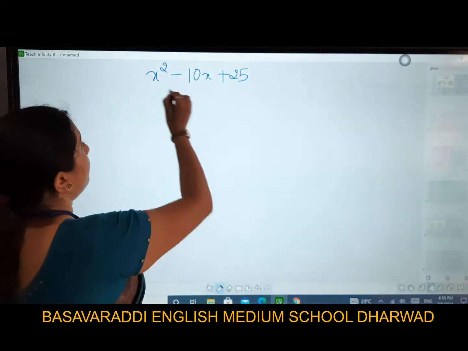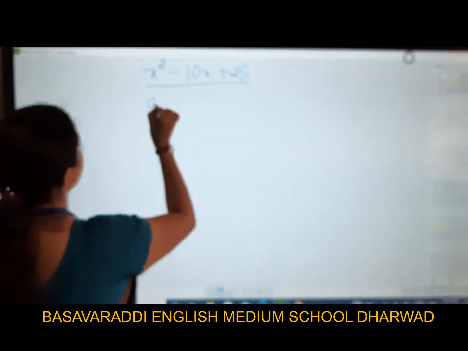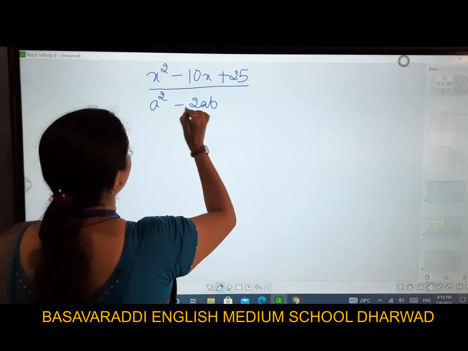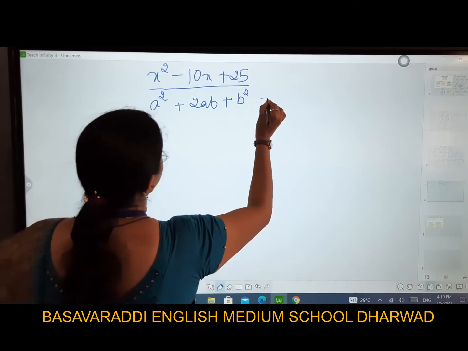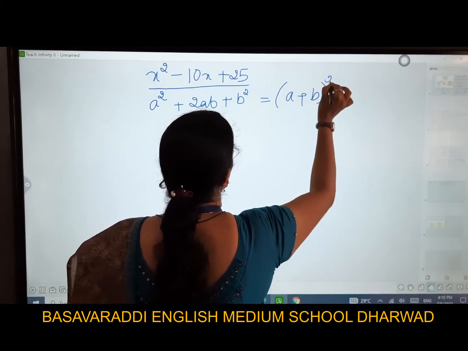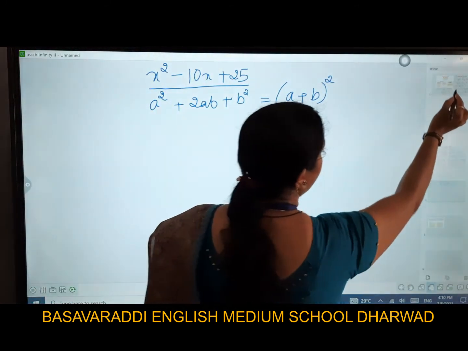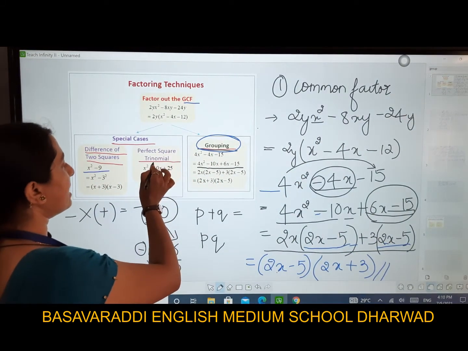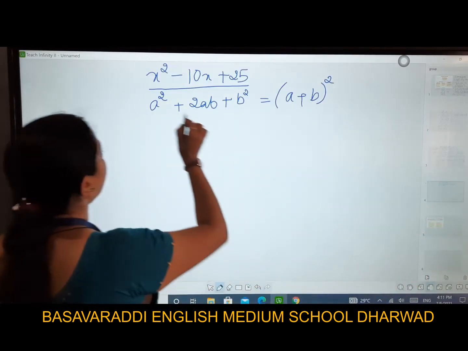Now, if you observe this one here, it is in the form of a square plus 2ab plus b square, that is nothing but a plus b whole square formula. What is the heading that they have given here is perfect square trinomial. So we have two formulas.